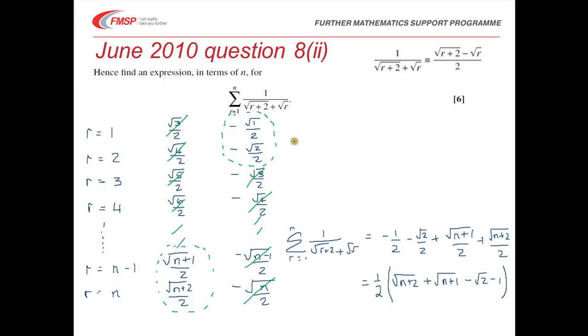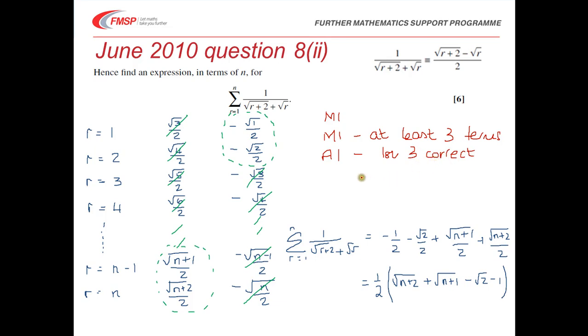there is a method mark for expressing it as the sum of differences. You also get a method mark for at least 3 terms at the beginning, and an accuracy mark for those 3 correct. The first 3 correct. And then the same sort of thing happens towards the end.